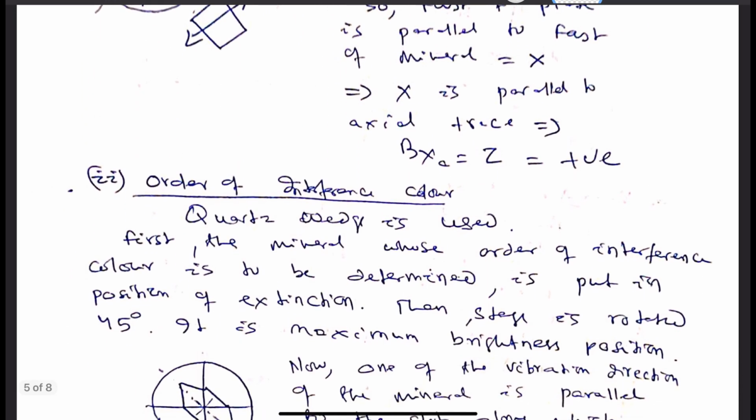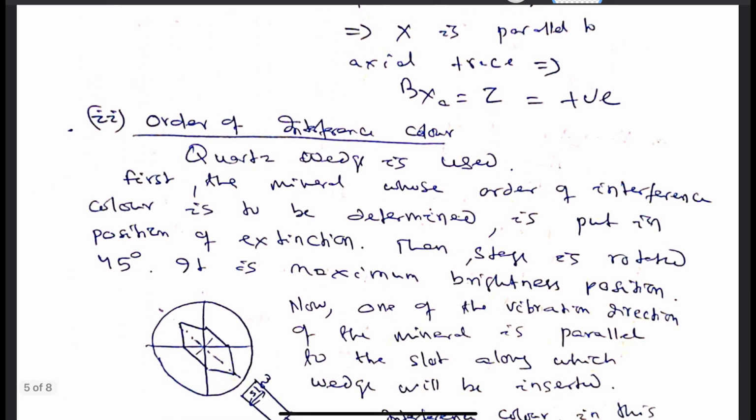Now, the order of interference color. You have to determine the order of interference color. Generally the quartz wedge is used, which is gradually thicker. First the mineral is kept in the position of extinction. Then it is rotated 45 degrees either way, along this direction or that direction.